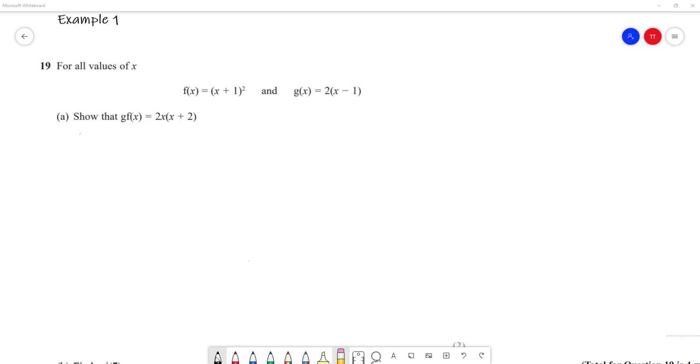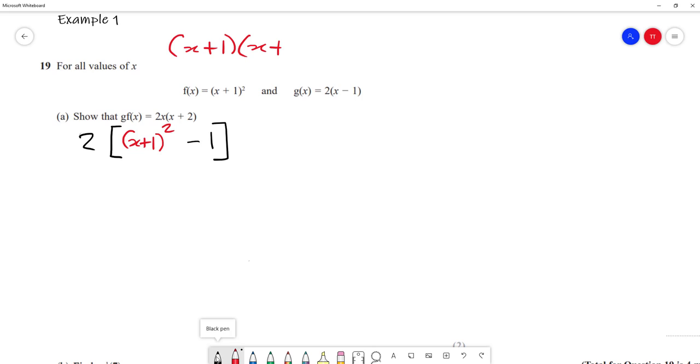What that basically means is we're going to take g of x, which is 2 times some value minus 1. Now that some value is going to be (x plus 1) all squared. Now we can multiply that out as (x plus 1) times another (x plus 1), like so.